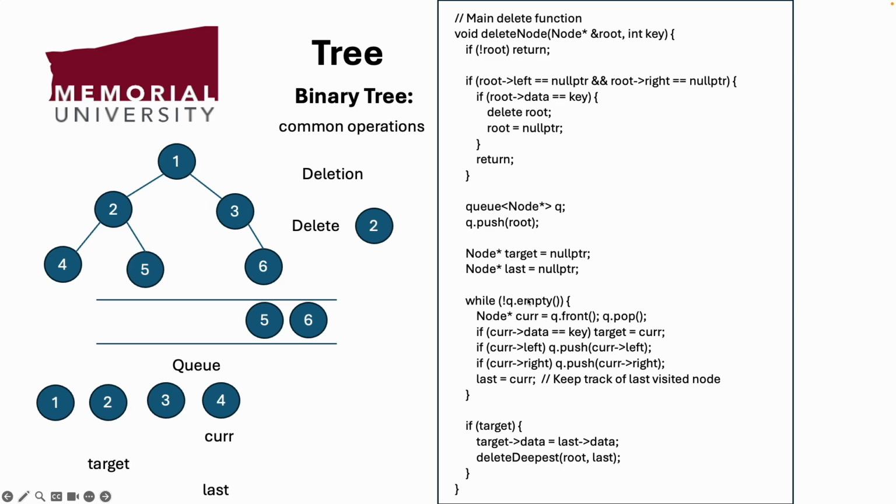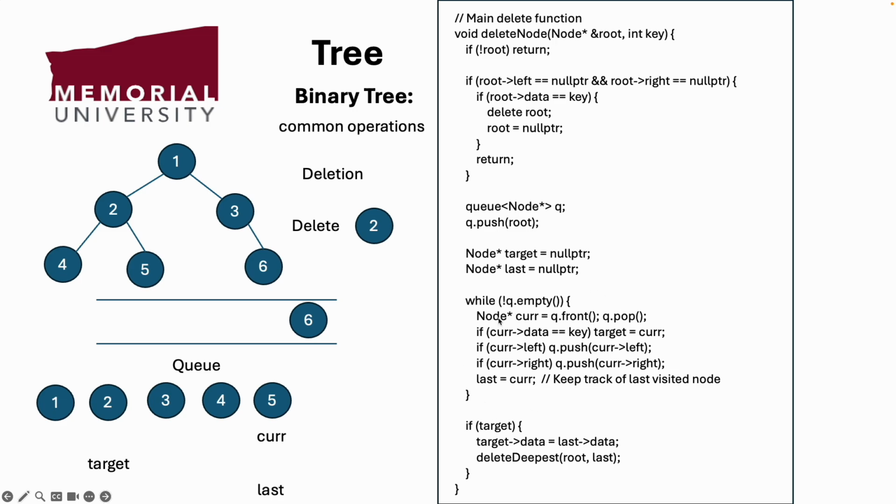Okay, keep going. Since the queue is not empty, the while loop continues. And what do we do here? Same step, right? Pop node 5, and the current will be pointing to node 5. Node 5's data does not match the key value 2. Also, node 5 has no left and right child. Then we reassign the last pointer to the current pointer, which is node 5.